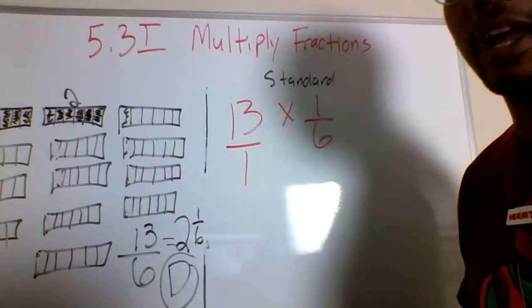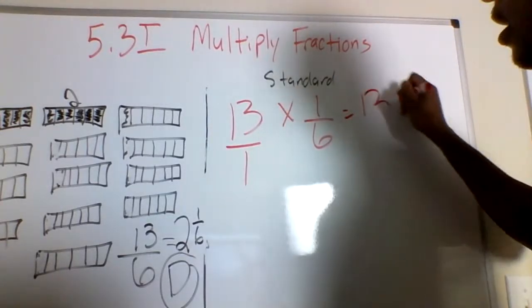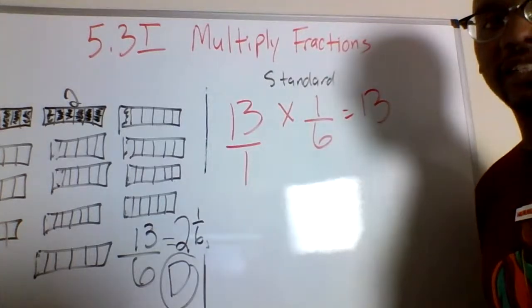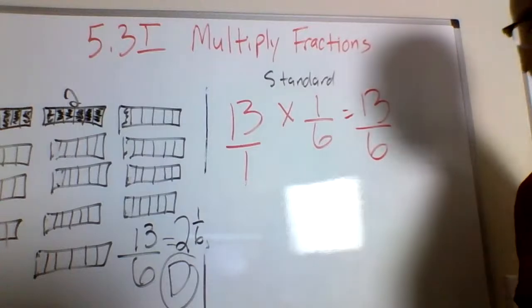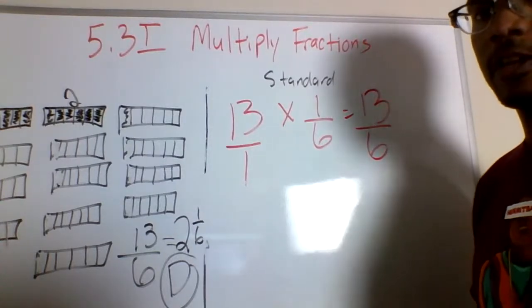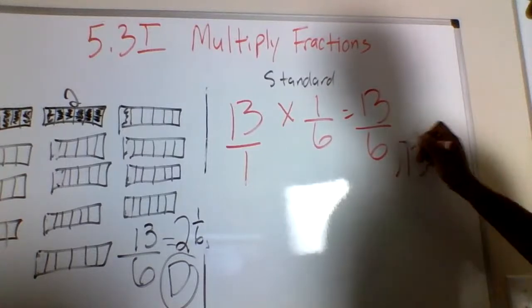Then I multiply across. 13 times 1 is equal to 13. Then I say 1 times 6 is equal to 6. All right? Now, I just reduce it. I divide 13 divided by 6.